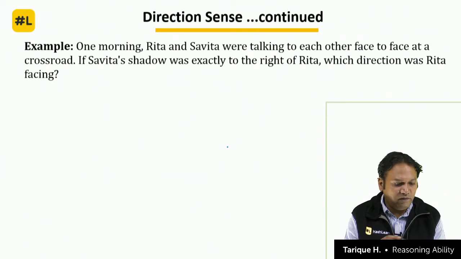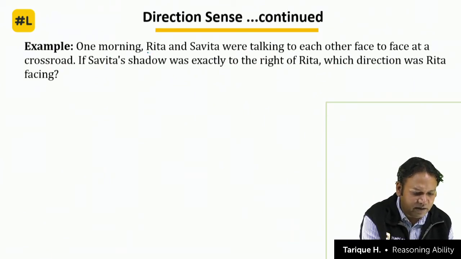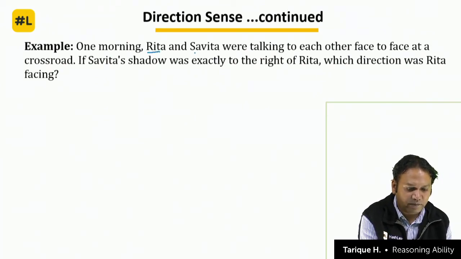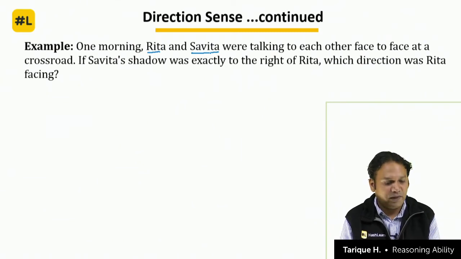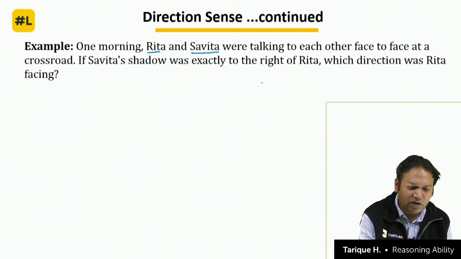So there are two persons, Rita and Savita. One morning they were talking to each other face to face at a crossing. Now this question is based on the concept of light and shadow, so first let us discuss a little bit about light and shadow.